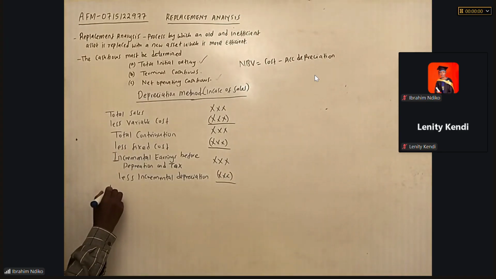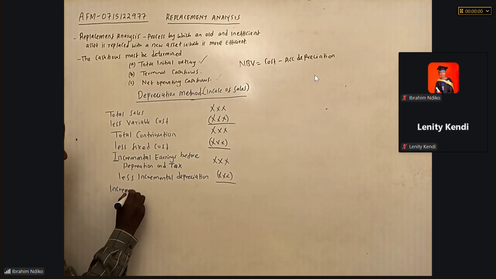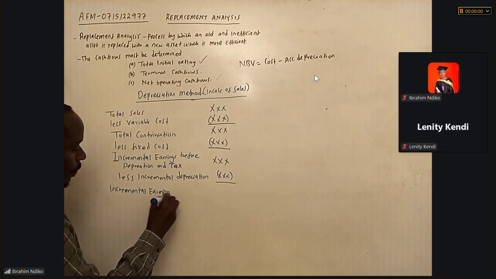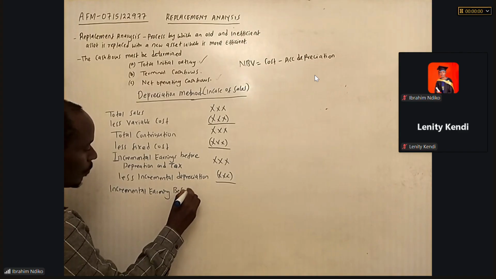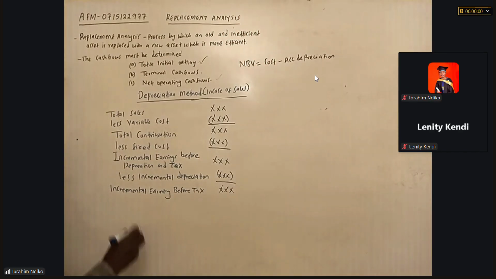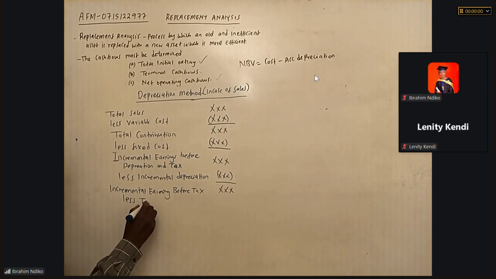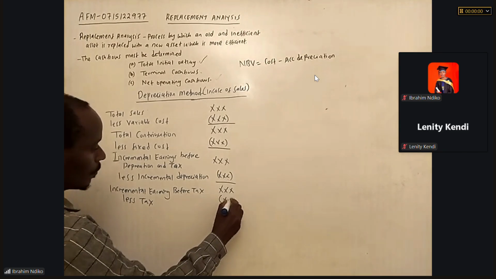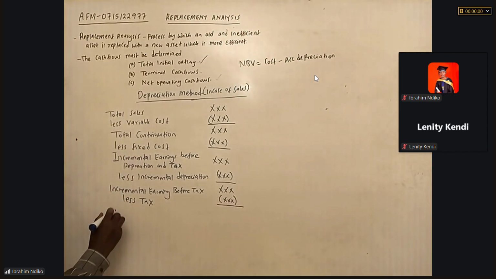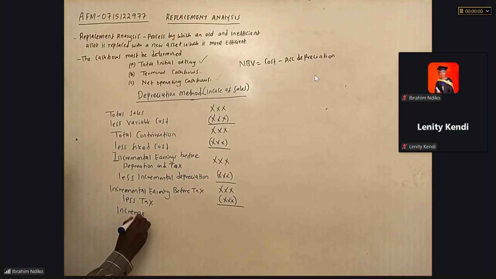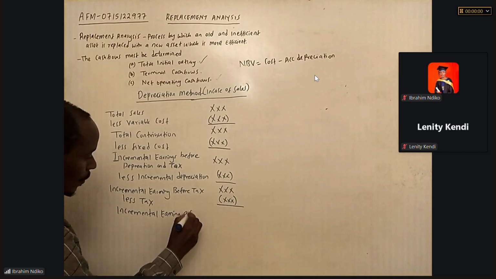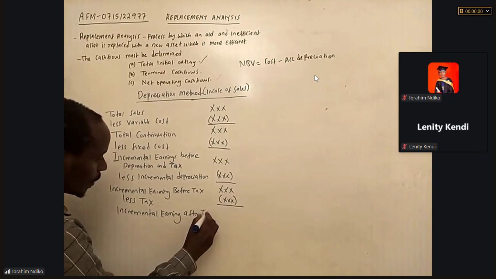Then we get incremental earnings before tax. Then you are supposed to less tax, and we get incremental earnings after tax.